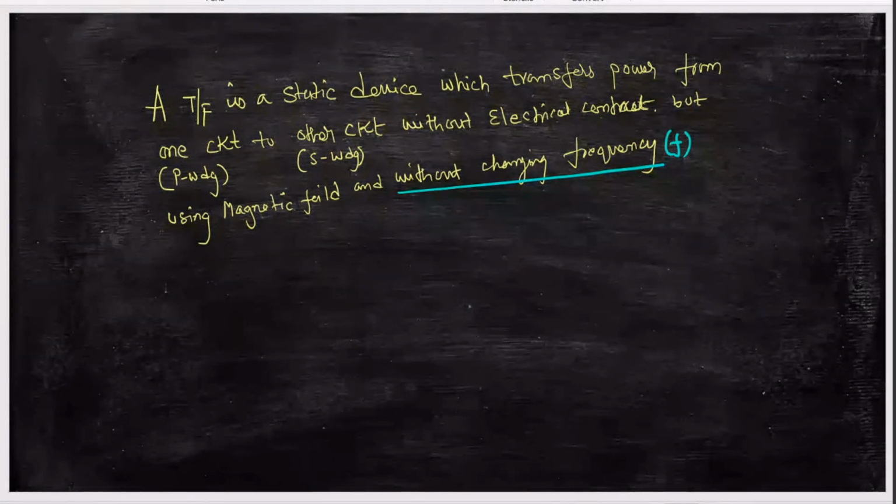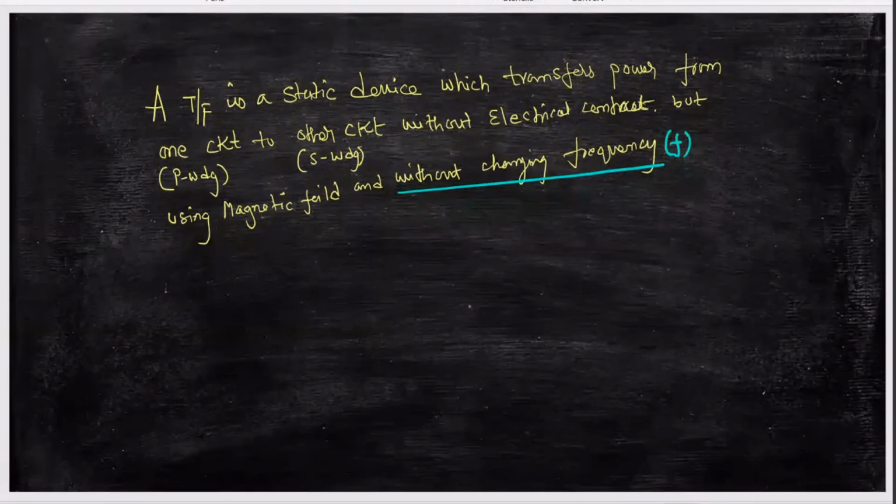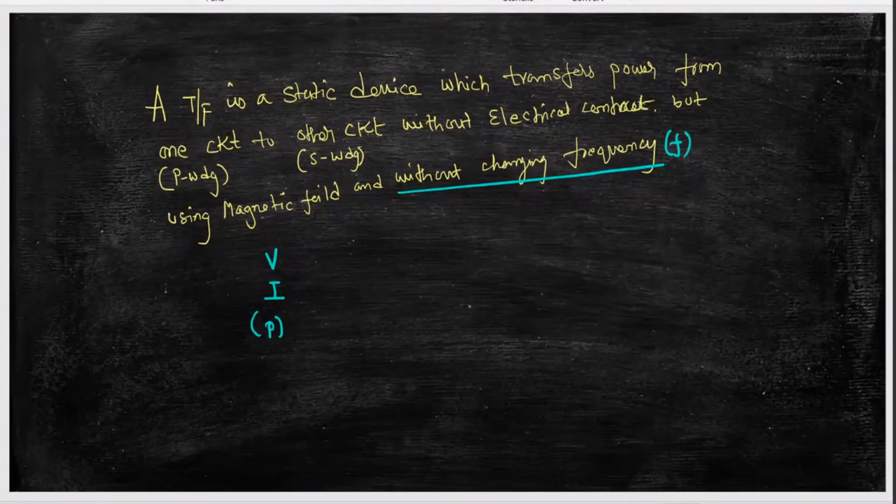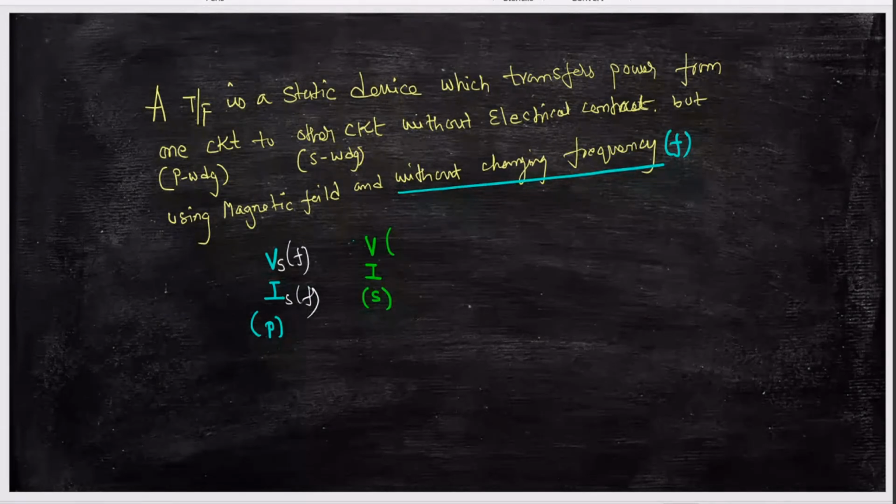Voltage is transferred, and current is transferred. Both voltage and current are being transferred from the primary side to the secondary side. The voltage and current on the input side will have some frequency f, and the output voltage and current will also have frequency f.